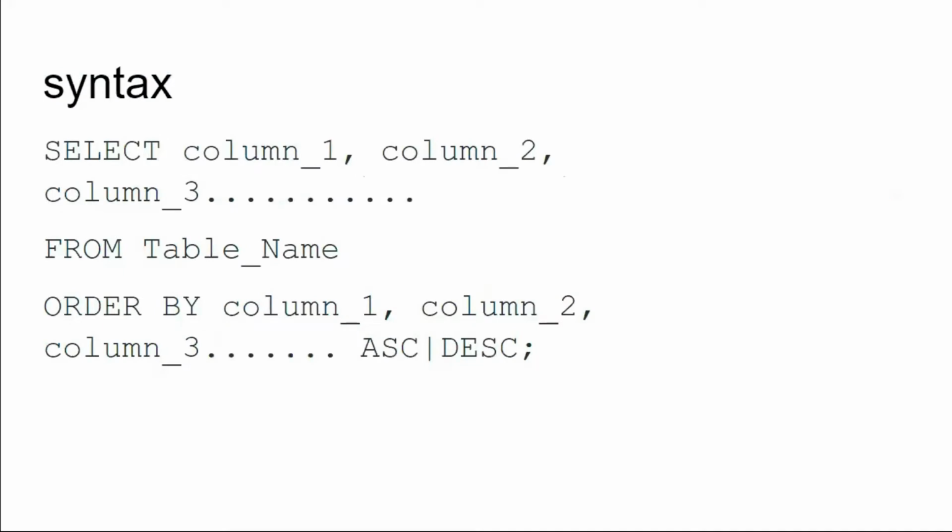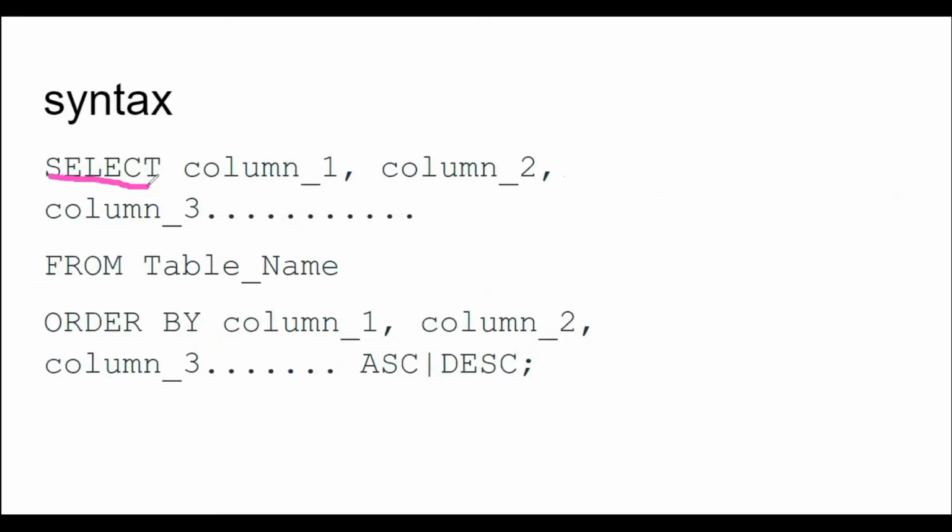So we'll go with the syntax. Here I have given the syntax of the order by clause. You can see it very well. We start with select. Here I have mentioned the column names. These column names are optional. If you don't have any specification related to column names, then you can use the star, which returns all the columns. After the from, you have to mention your table name, the table to which you are applying the order by keyword.